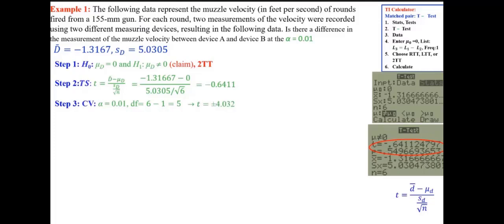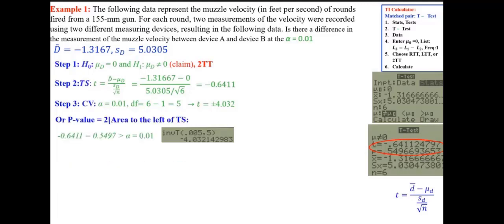The P value is equal to 2 times the area to the left of the test statistic. Because the test statistic is negative, we look to the left of that; if it were positive, to the right of that. And because it's a two-tailed test, we multiply by 2. And as you can see, we have the answer here. The P value is 0.549669363, and we write it with a few decimals.